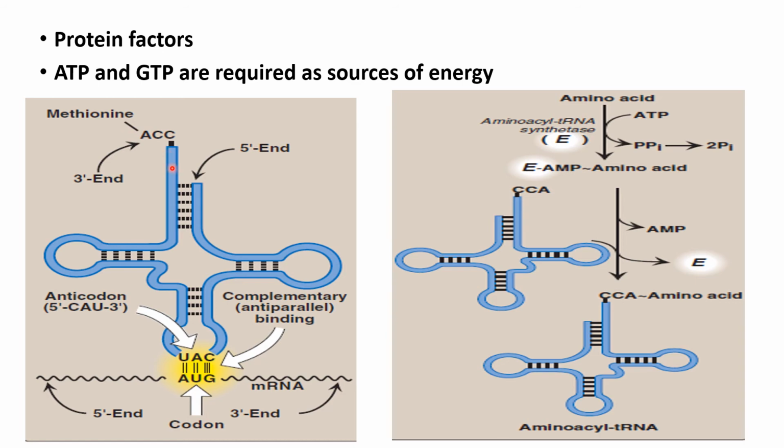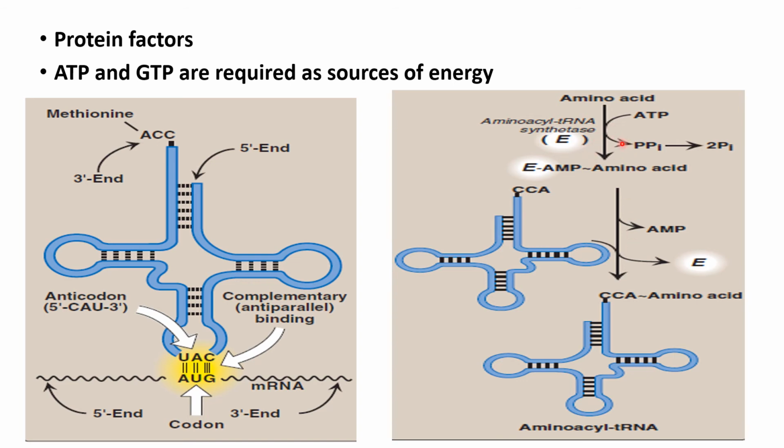This attachment involves the aminoacyl tRNA synthetases. These are the enzymes which require ATP for binding the amino acid at the 3' end of the tRNA. These aminoacyl tRNA synthetases catalyze the two-step reaction.